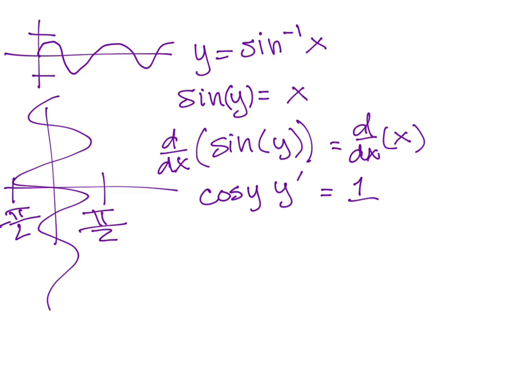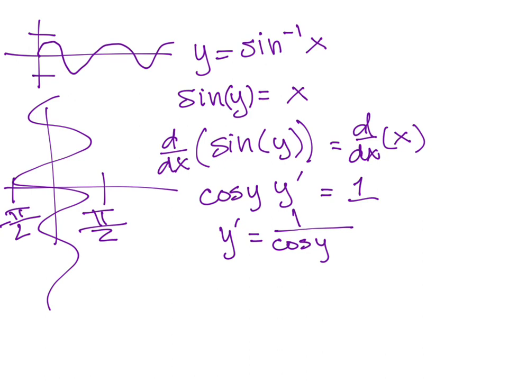Everybody is okay with that? So what that implies is that y prime is equal to 1 over cosine of y. Feels like it could be an inverse of cosine.